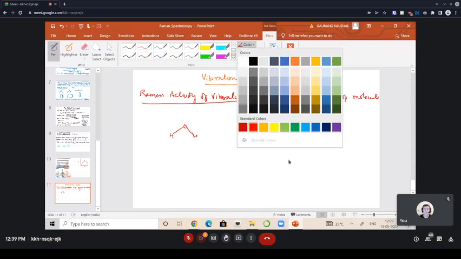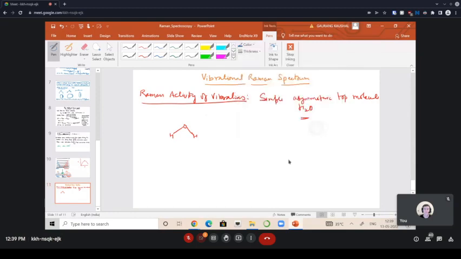Let me draw it with a different color. We have oxygen here, and now this bond is slightly shorter because I have compressed this bond.